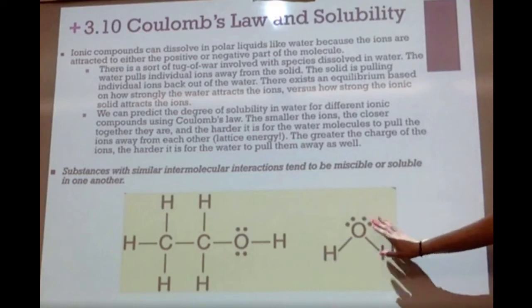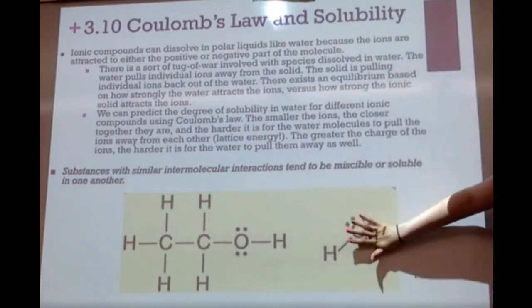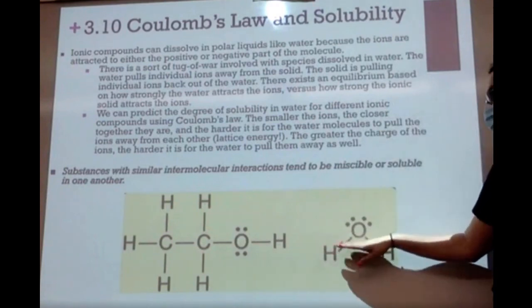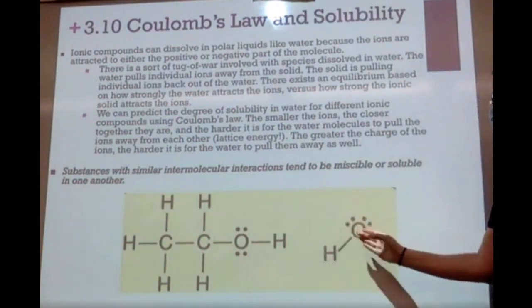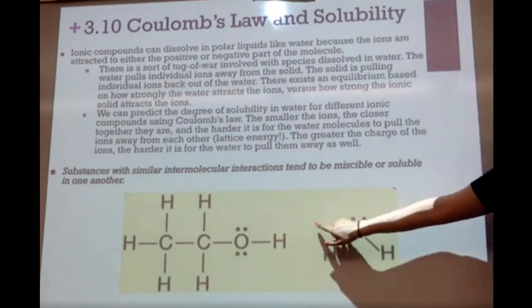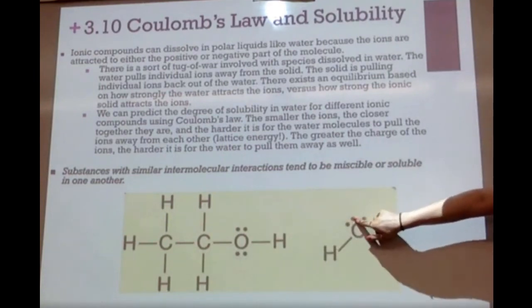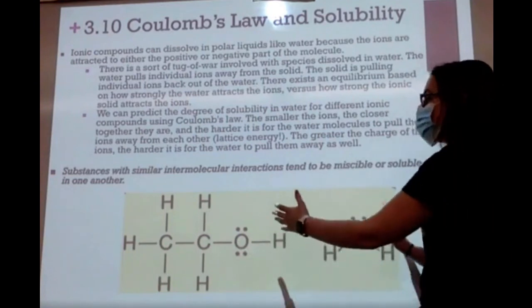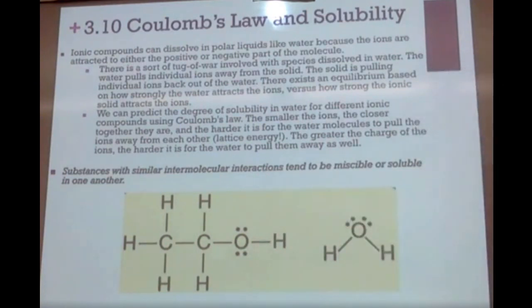So when two samples get added together, they will actually form hydrogen bonds with each other. This H would hydrogen bond, would attract to this O. This H could attract to this O. And since they form similar types of intermolecular forces, we're able to mix them together. That's why nonpolar and nonpolar will mix.